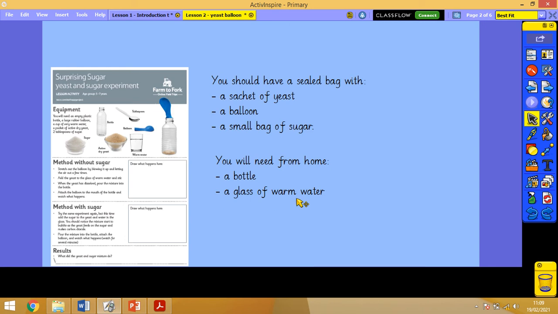Please make sure that the warm water is not boiling water, and there's a very important reason for this I'll explain. The easiest way to get warm water is to run the hot tap, but your taps get really hot.